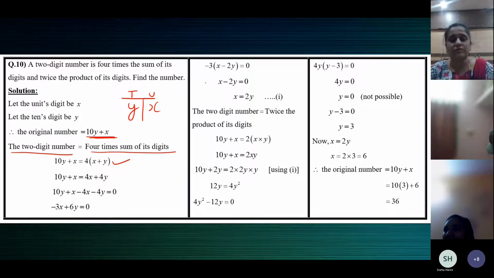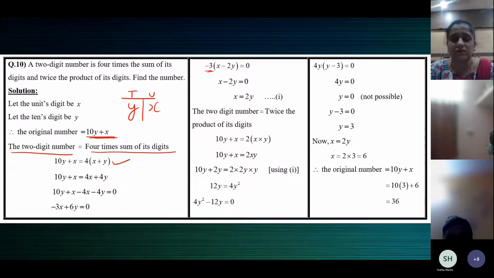Taking -3 common, you get x minus 2y is equal to 0 by -3. 0 divided by -3 is 0. So x minus 2y is equal to 0.